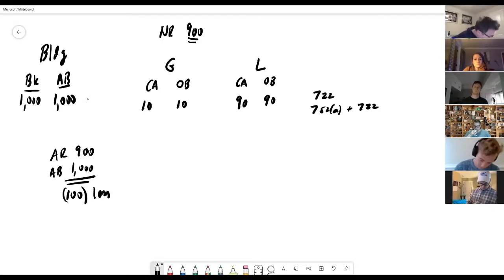We allocate the loss, again, hypothetically. So I'll put it in red because we're not actually doing this, but just for purposes, we allocate the loss. Well, it goes 10% to G, 90% to L. So G's capital account will be 0, L's capital account will be 0.